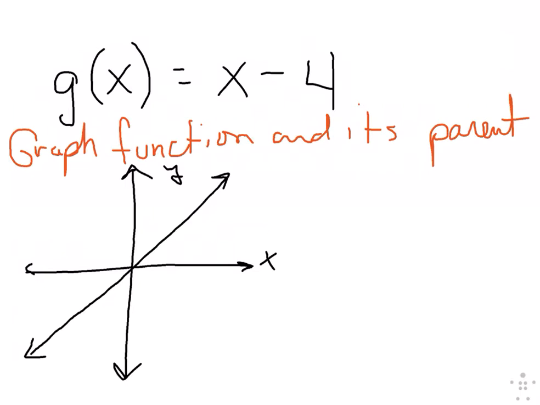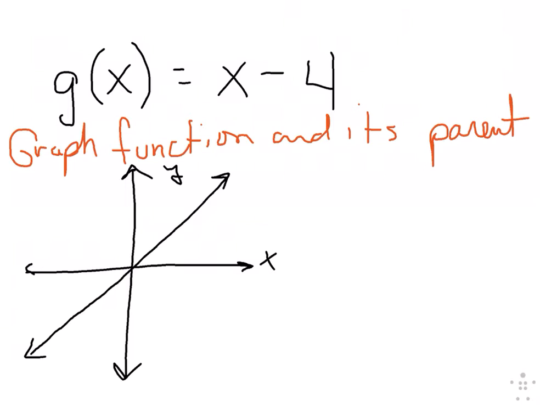So how do I draw the new one? What are some of the ways you can draw graphs? Could you put numbers in for x to see the numbers that come out? I sure can. What if I put 0 in for x? What's 0 minus 4? Negative 4. Which means this, and I'll put it in blue so you can see it.